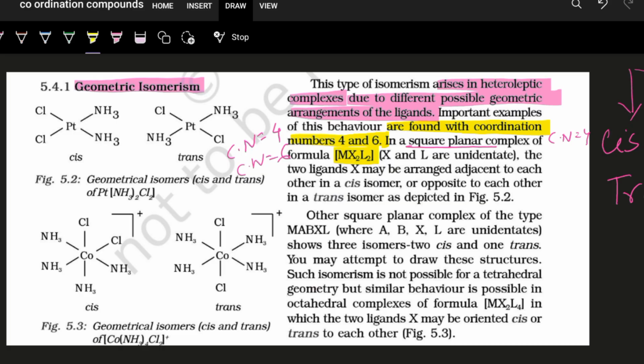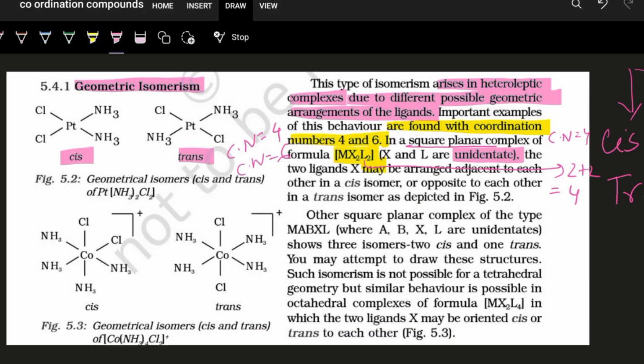Since the denticity is 1, the coordination number here is 2 plus 2 equal to 4, because both are unidentate ligands. They can exist as cis and trans forms.